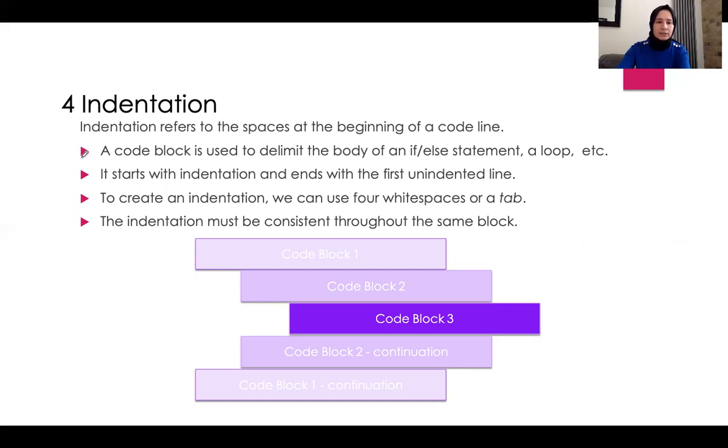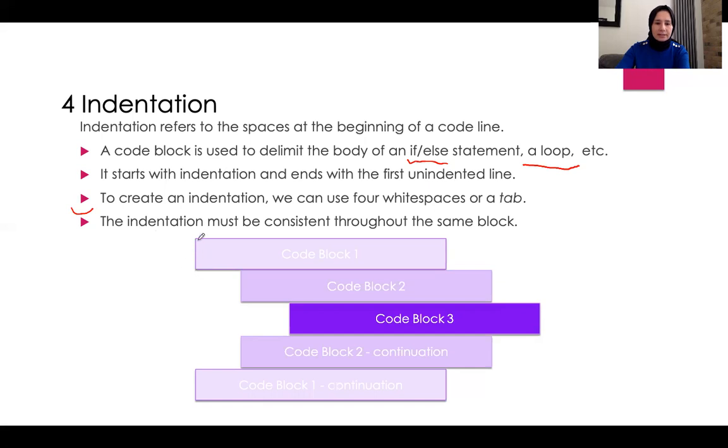And in Python, you have to use indentation, especially when you are writing an if-else statement or loop, because the code block is used to delimit the body of the if and else statements, and we use the indentation right after that or before that, right? It starts with indentation and ends with the first unindented line. And to create an indentation, we can use 4 white spaces or a tab.